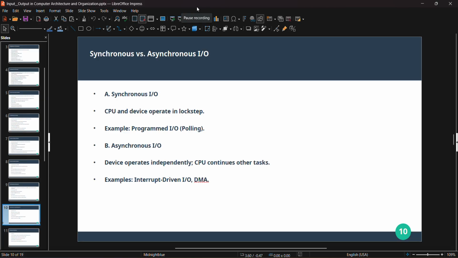An example is the programmed polling technique we discussed earlier. And for asynchronous input output, the device operates independently and the CPU continues other tasks. So the difference is that for synchronous, the CPU and device operate together, in lockstep.